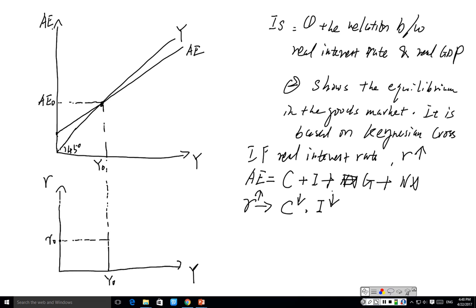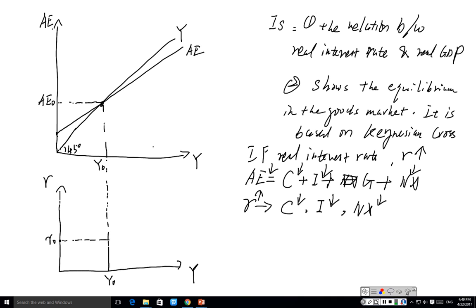Plus, a higher interest rate will push up the value of the domestic currency, so it will also reduce net export. With lower consumption, investment, and net export, aggregate expenditure will go down.